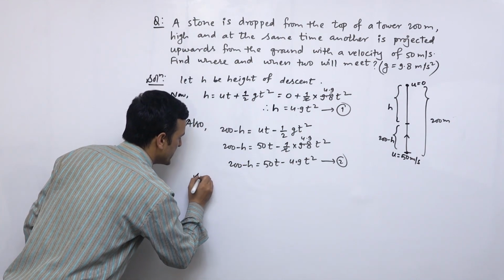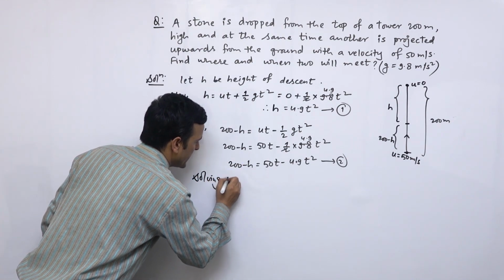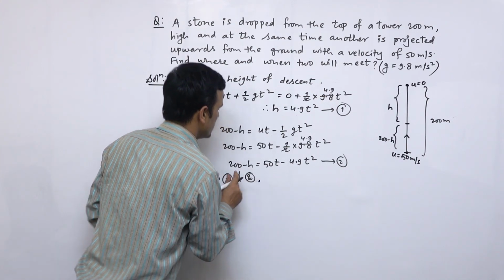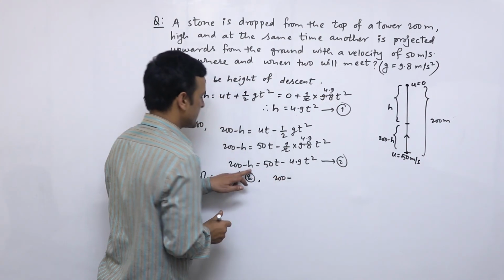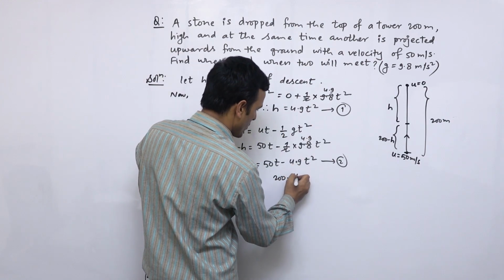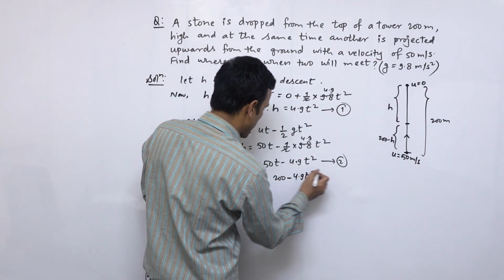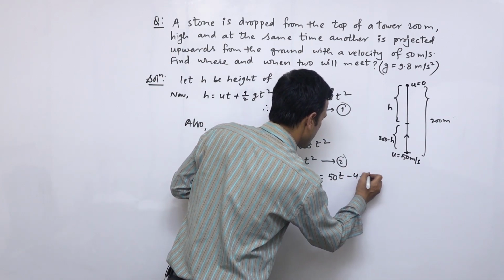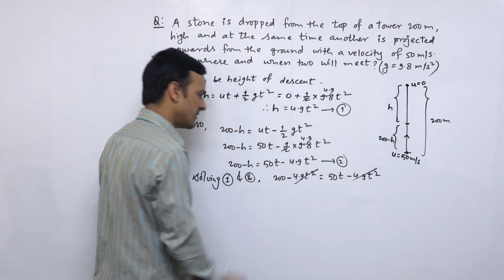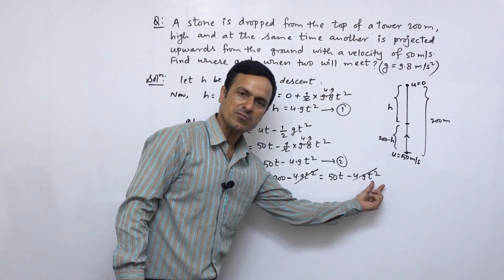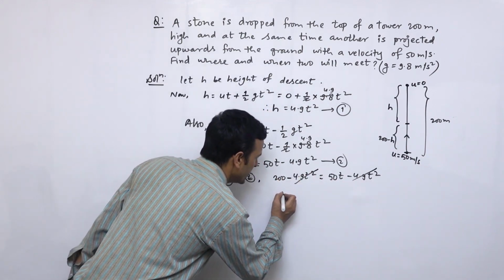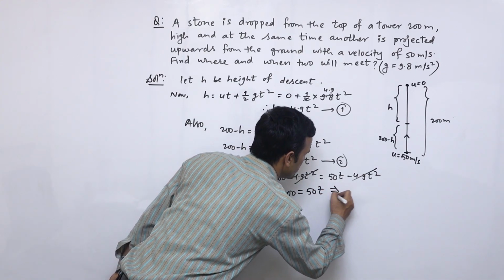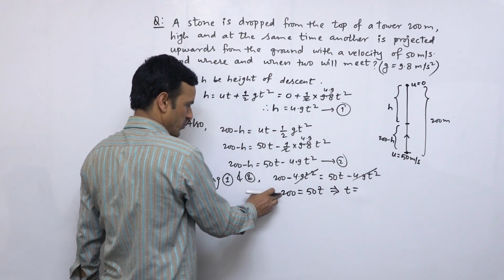Solving 1 and 2, in 200 minus h, in place of h we write 4.9 t square, and 50t minus 4.9 t square. This and this cancel. You can see, 200 is equal to 50t, which implies t is equal to 200 by 50.